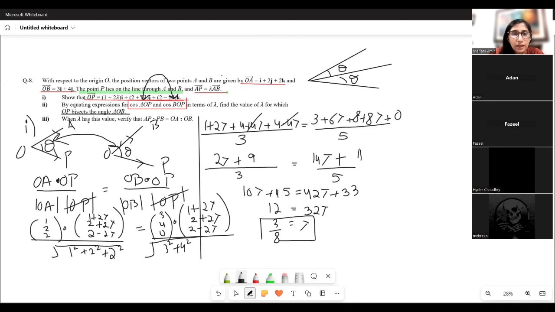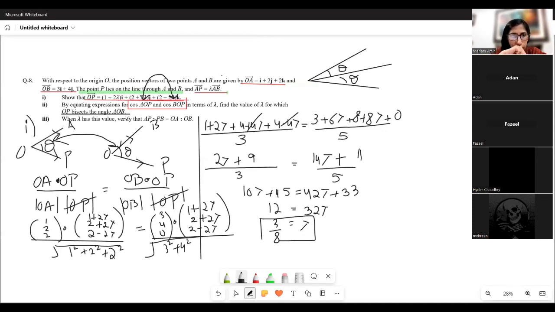Okay. When lambda has this value, verify that AP dot PB equals OA dot OB. AP ratio PB is equal to OA ratio OB.